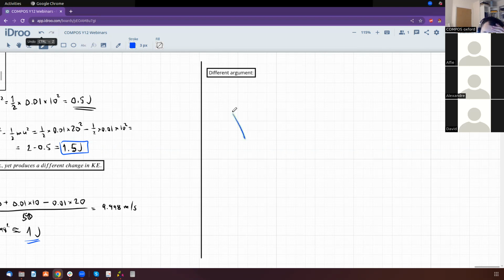So this is the hand of the boy, and this is the ball. When you apply the force F, you move a certain distance S. So work is equal to force times S. This is when you're stationary.